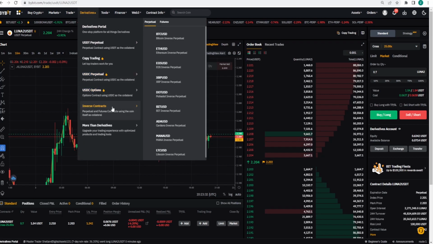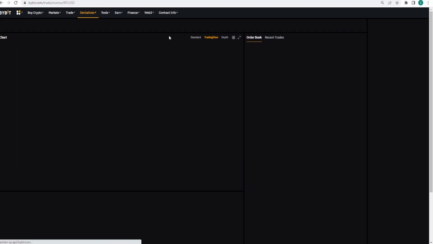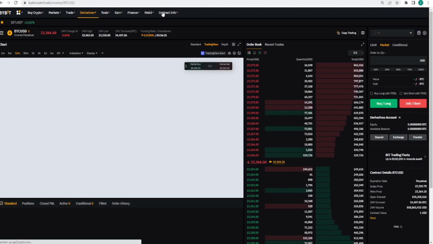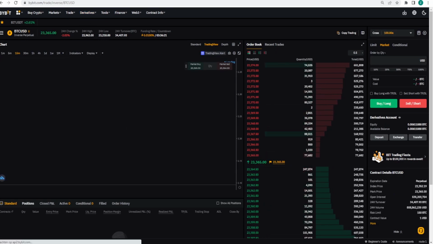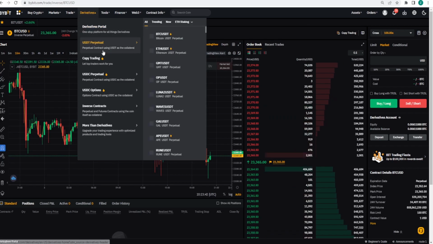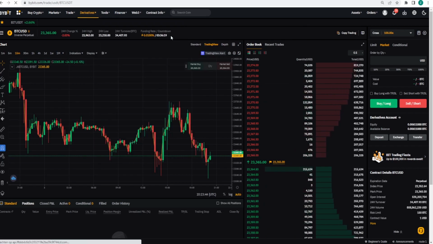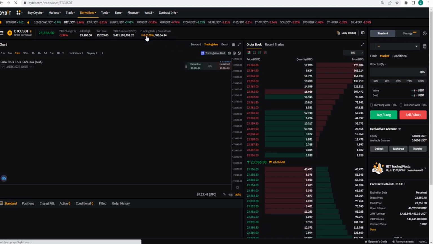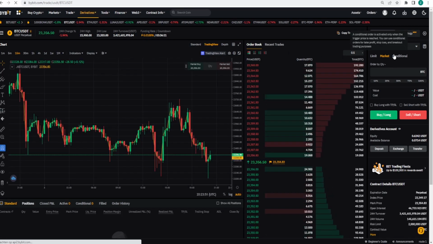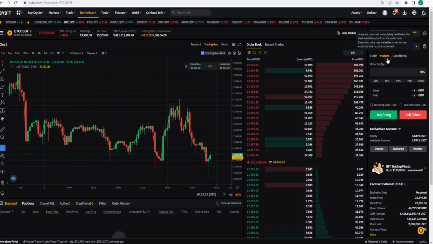Because most of us are going to trade the BTC USD inverse perpetuals, it's a lot simpler as well. On the USDT perpetuals, because I'm sure some of you will be trading USDT perps, let me just quickly explain this to you guys.